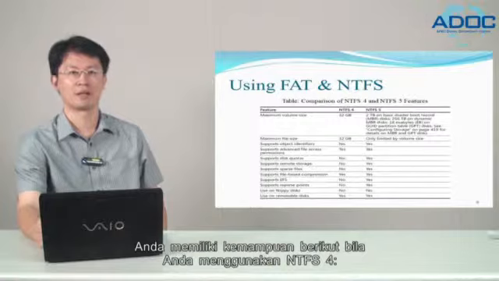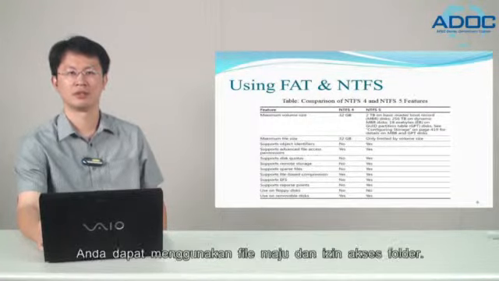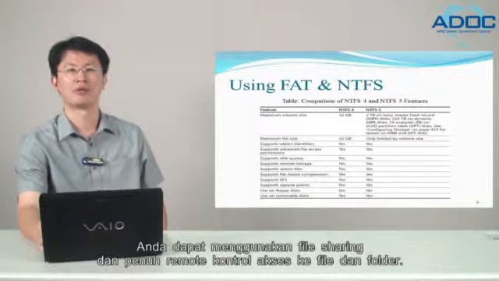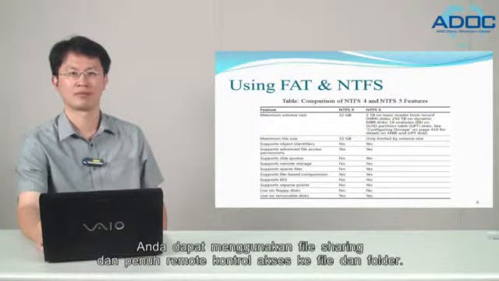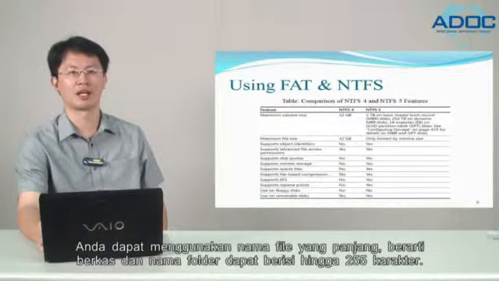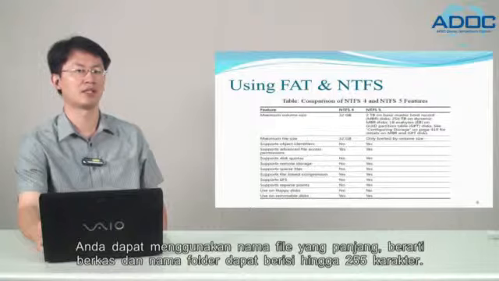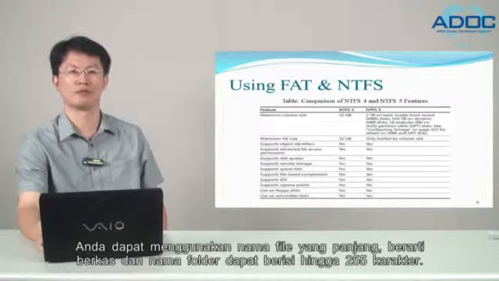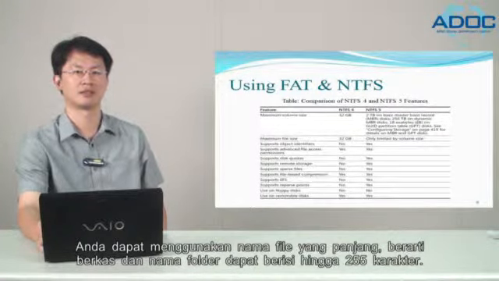You have the following capabilities when you use NTFS 4. You can use advanced file and folder access permissions. You can use file sharing and full control remote access to files and folders. You can use long file names, meaning file and folder names can contain up to 255 characters.